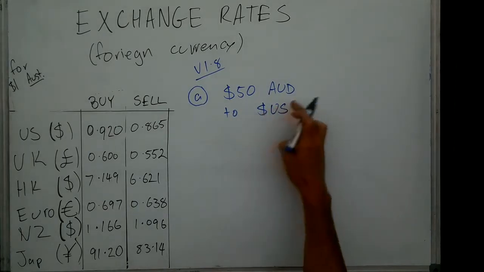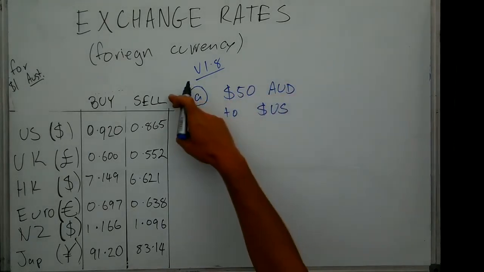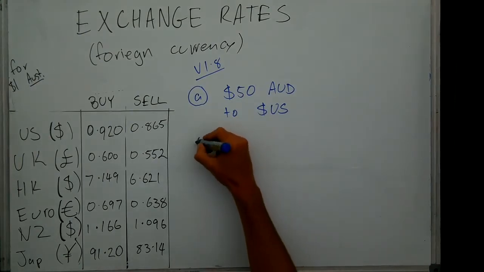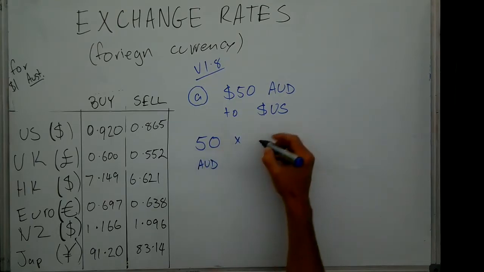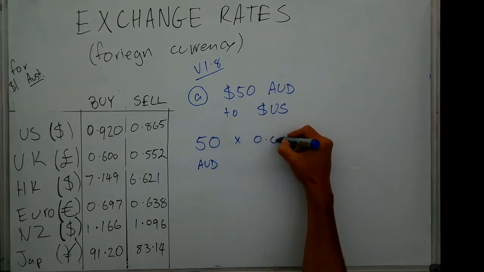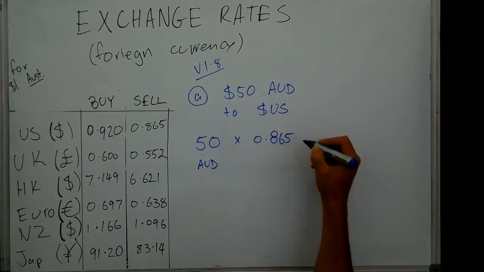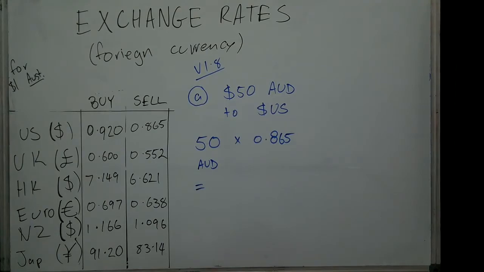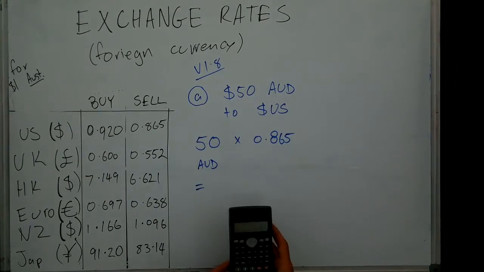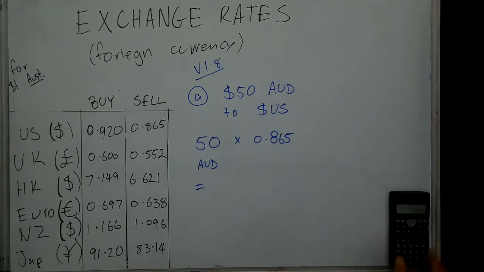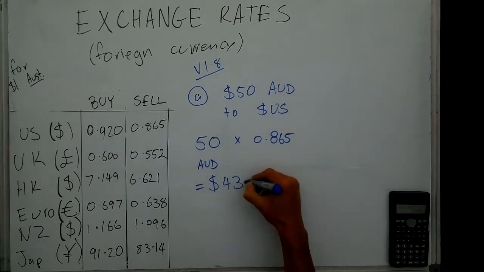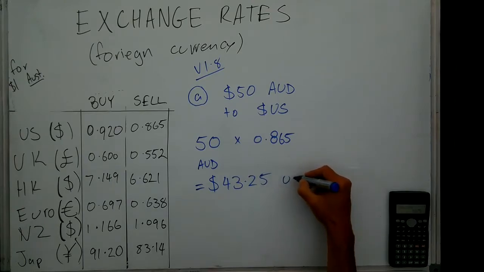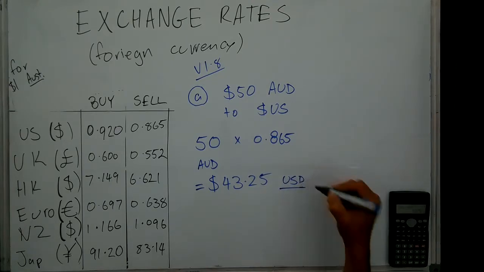Because the bank is selling us the US dollars, we take 50 Australian dollars and multiply it by 0.865, and this equals, calculator, we end up with $43.25 USD.